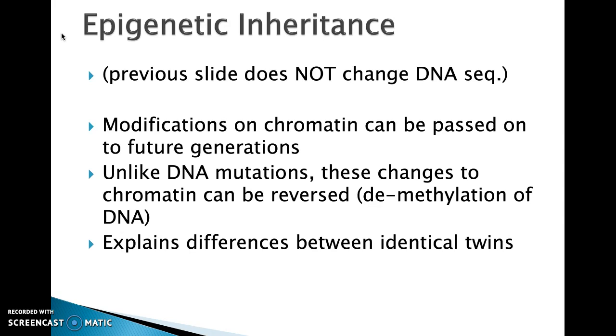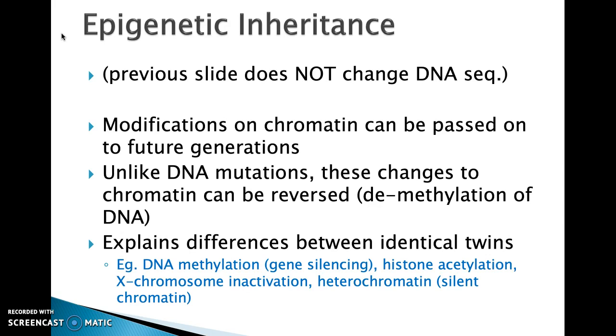And with identical twins, some examples are the methylation itself, gene silencing, histone acetylation, which I just covered, X chromosome inactivation, and heterochromatin. What I should have mentioned earlier is that heterochromatin is highly condensed chromatin.